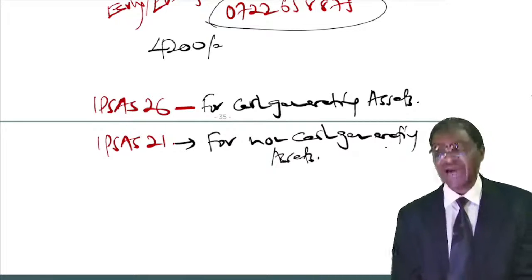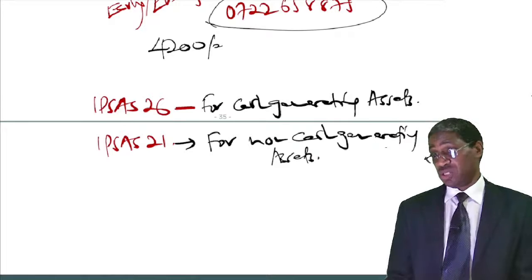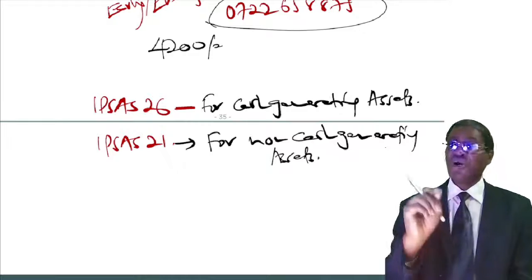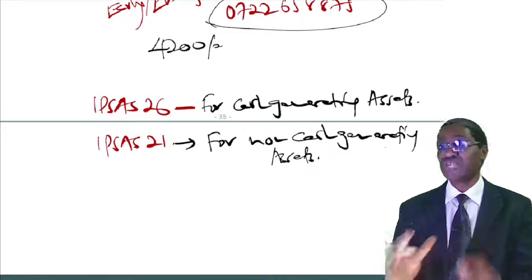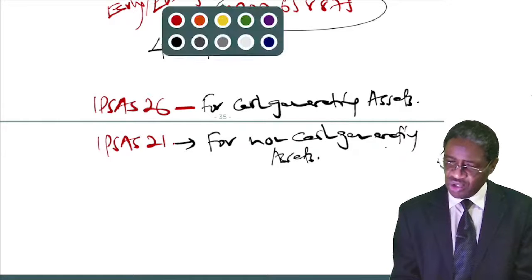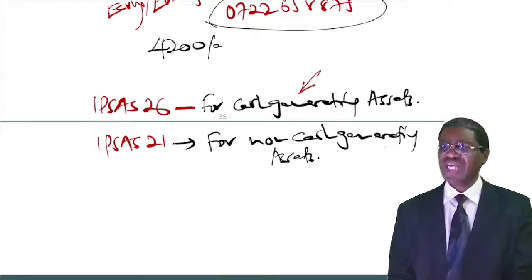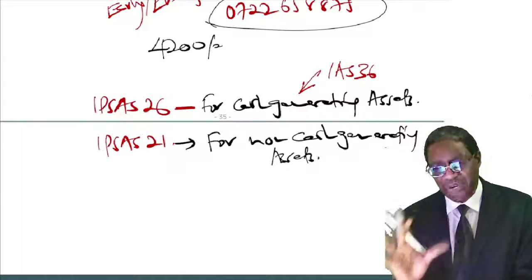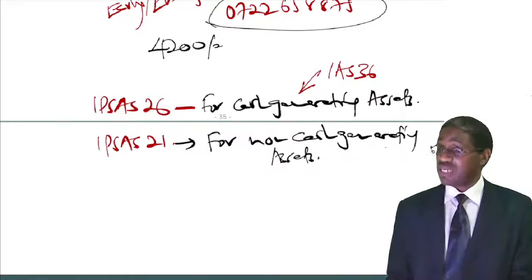Good. Now, I start with Ipsas number 26. How do you test for impairment of public sector assets which can generate cash flows? For such assets, you will be required to apply the same principles that we have reminded ourselves as per IAS number 36, the same principles we applied when we were discussing IAS number 36.